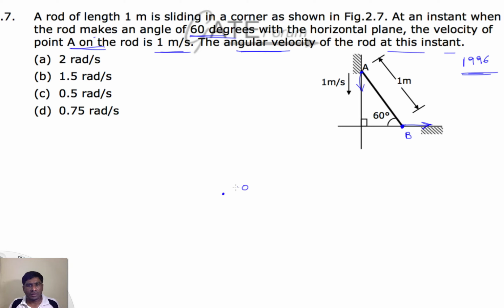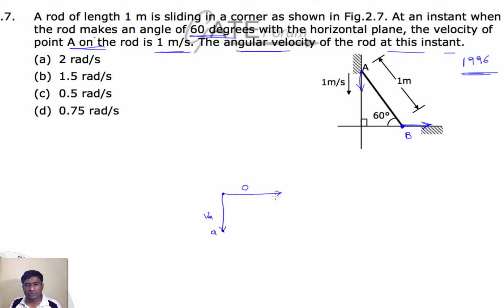After identifying the fixed point, draw the known velocity vector. Here the known velocity vector is the velocity of A, going in the downward direction. So this is the known velocity vector VA, and this point is A. After that, the unknown velocity vector, but its direction is known: the velocity of B in this direction.